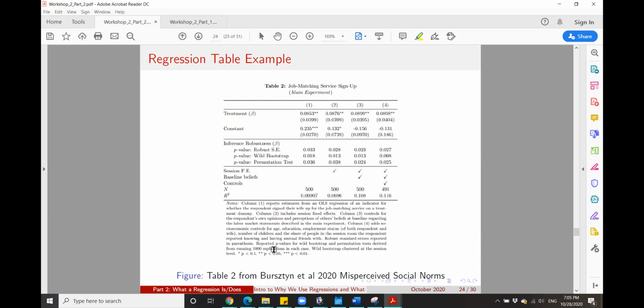Anyway, basically here you can see what the regression table is, right? The first thing to keep in mind is that you want to make sure that you know what the regressand is and the regressors. In a regression table like this, where it just has 1, 2, 3, 4, that means that they all have the same outcome variable, and they're just different designs, right?